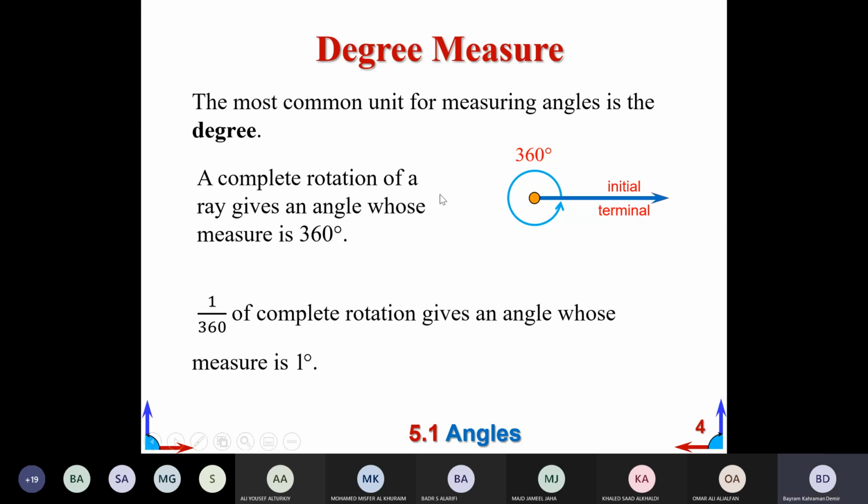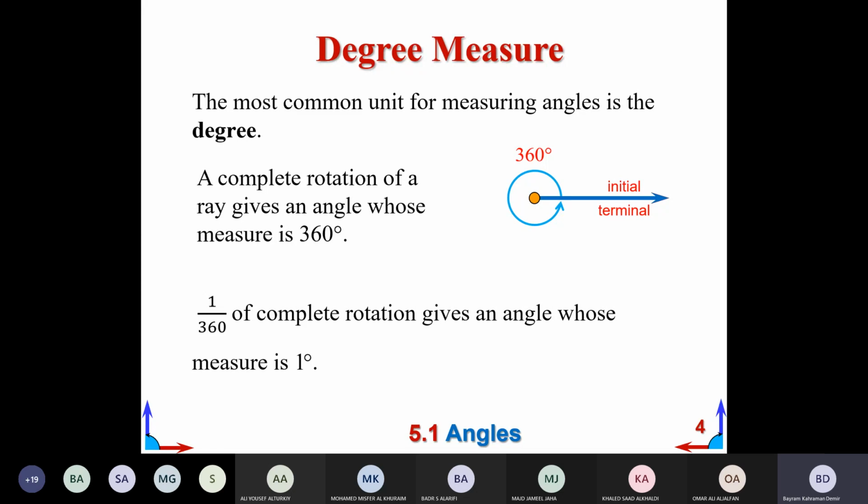So that is the measure for the angle, Shabab. We have one measure, the degree measure, like meters, kilometers, miles, inches, whatever. So different kinds of measures, right? For the angles, we have the degree measure.